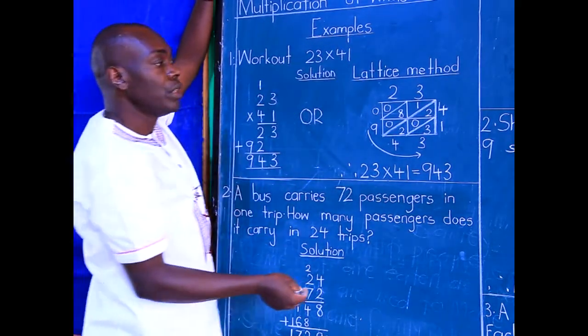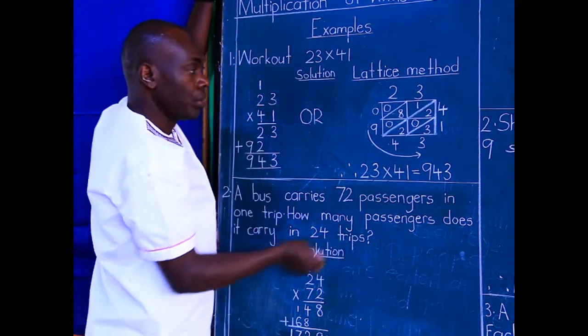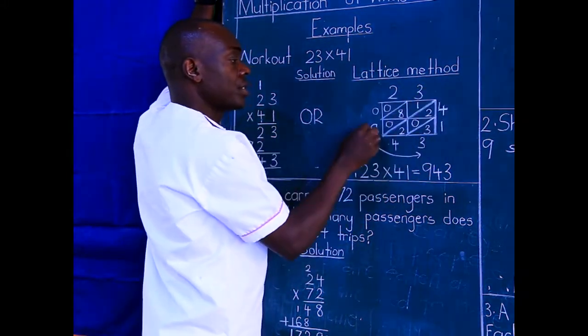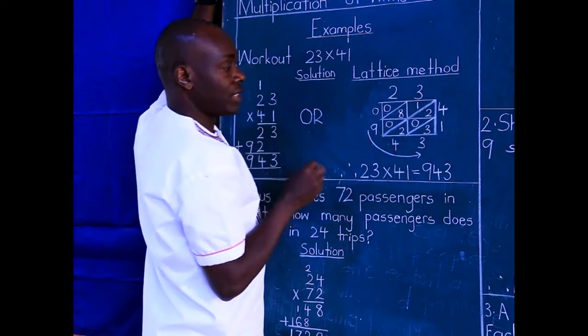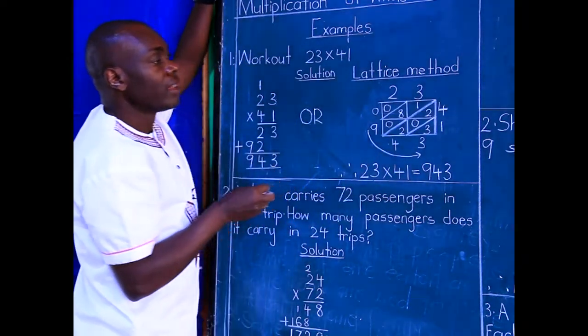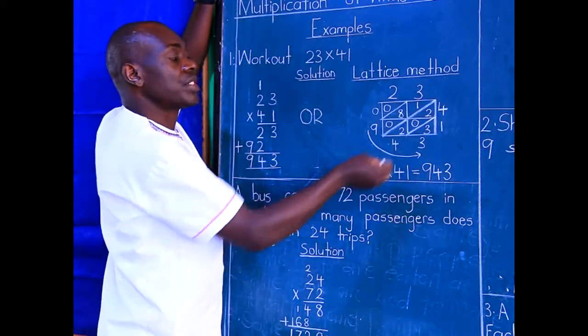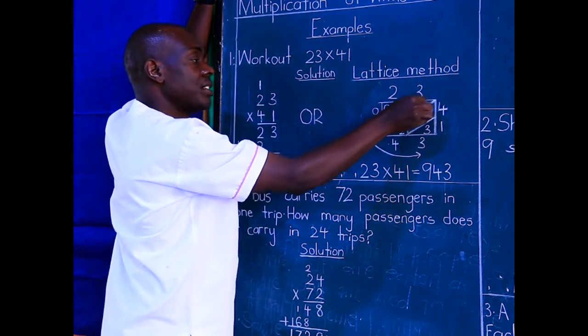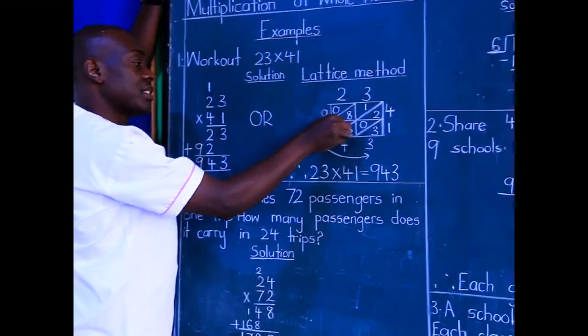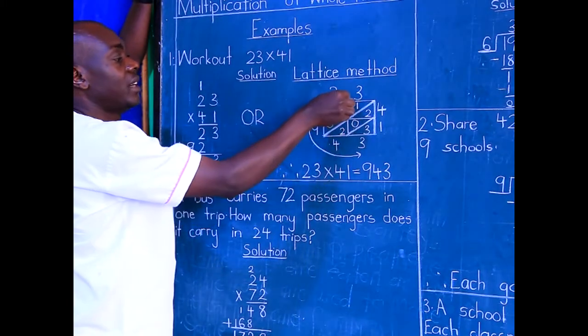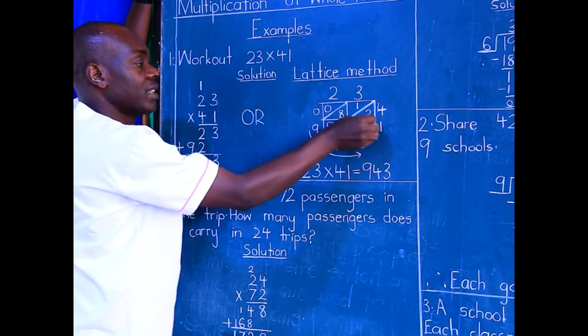So we draw a 2 by 2 table, or a box. Separate it in 2 first. It is 2 by 2. Then separate each box into 2 equal parts. That is, draw in that, and draw in that.